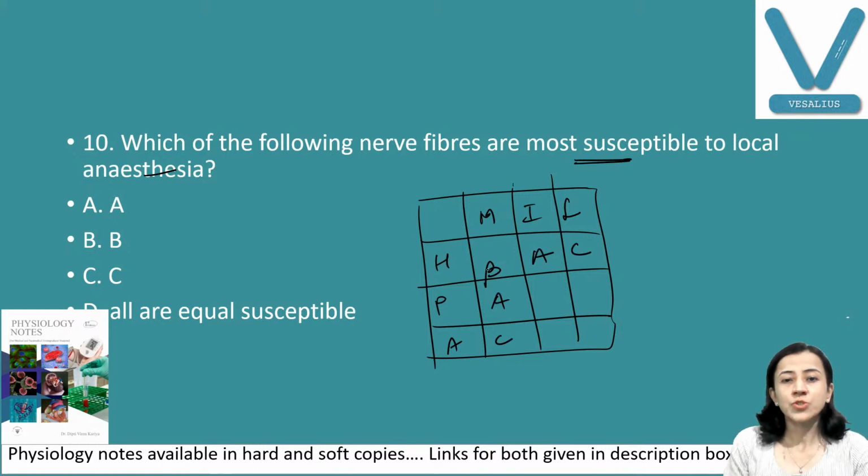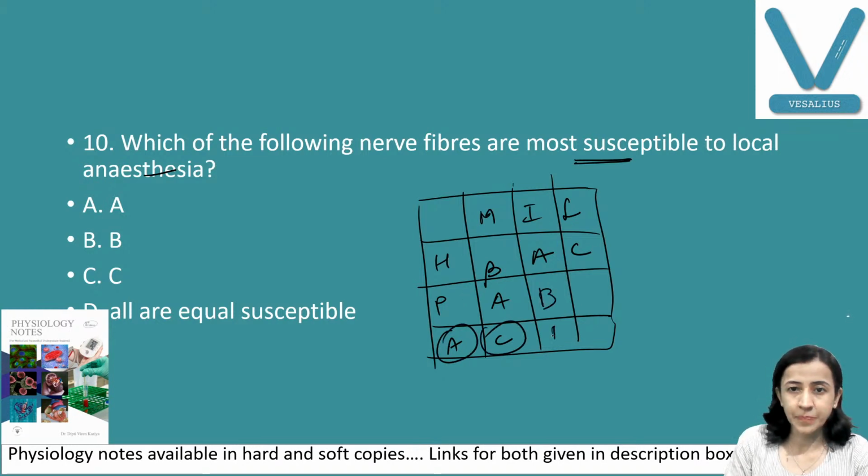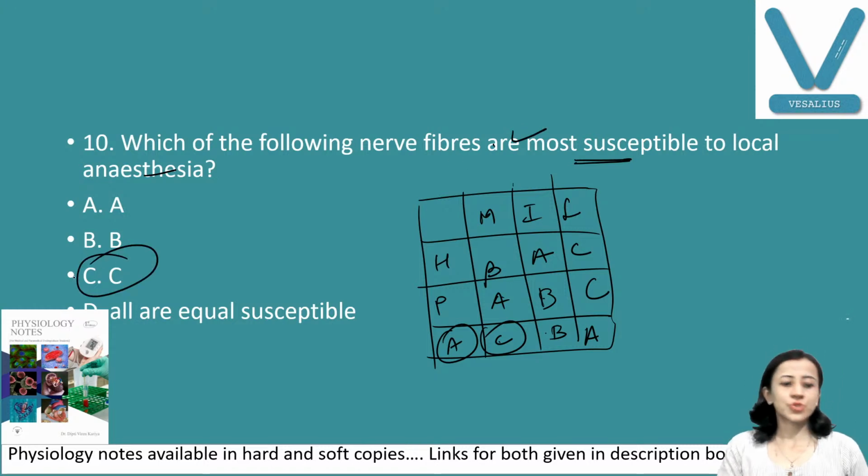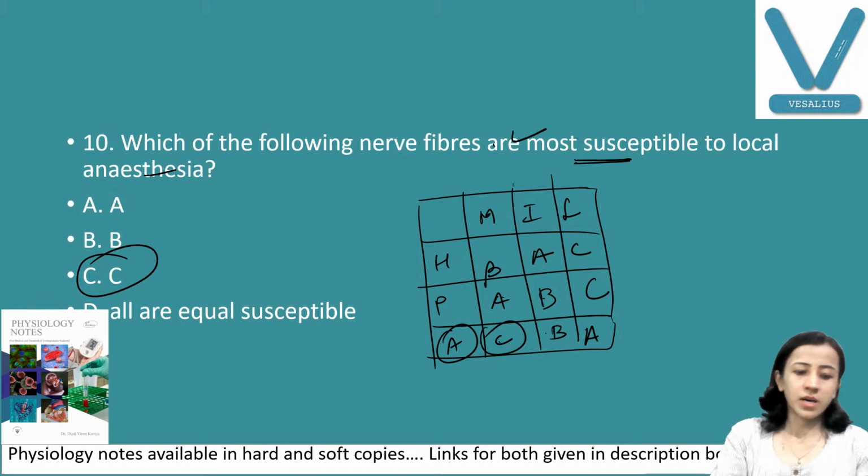Okay, fine. So most susceptible to anesthesia are C. Here BB. So what is left here? C. What is left here? A. Fine. So for local anesthetic agents, the susceptible fibers are C fibers. So this is the way you can remember.